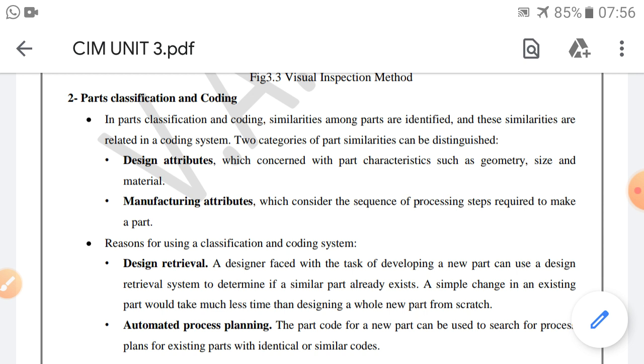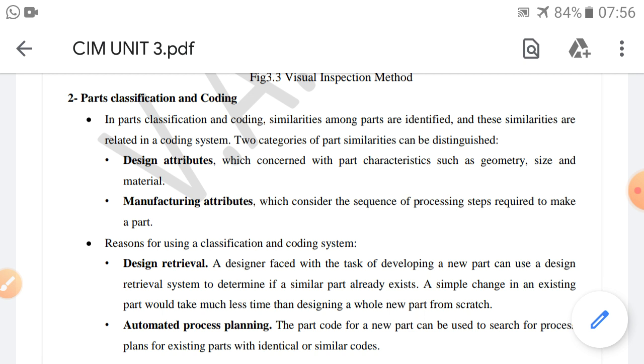On the basis of that process we have to make the classification and give the coding on the basis of manufacturing.